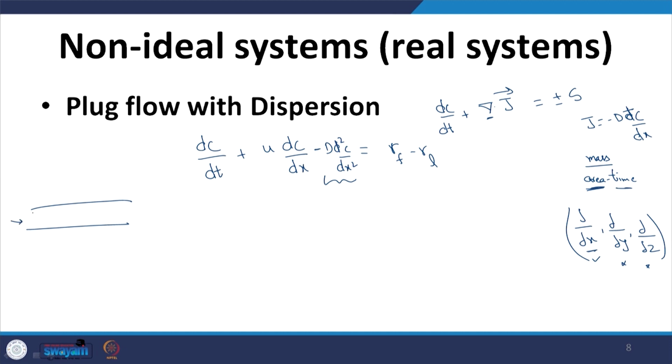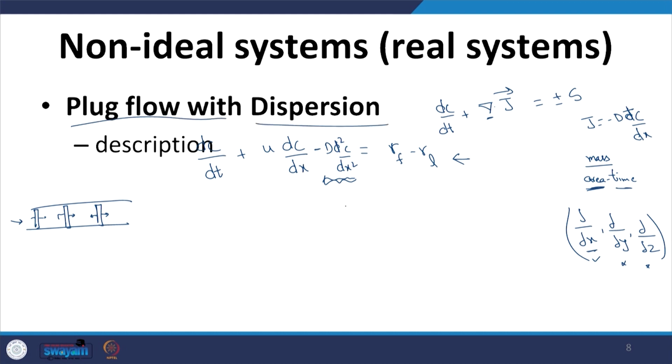Whatever I put in here will not just stay like this, right. It is going to mix slightly this way and that way with the preceding and succeeding parcels. So, there will be dispersion, right, because of the turbulence in that particular fluid. If we take this into account, you can solve this, not relatively easily, but people have solved it. If you solve this, you will get the case for plug flow with dispersion, right.